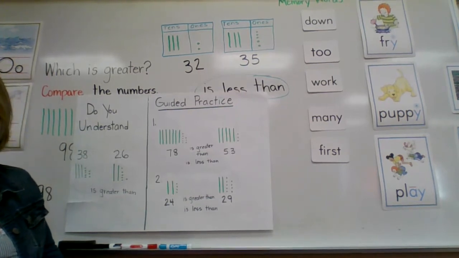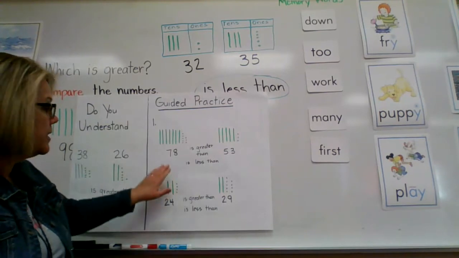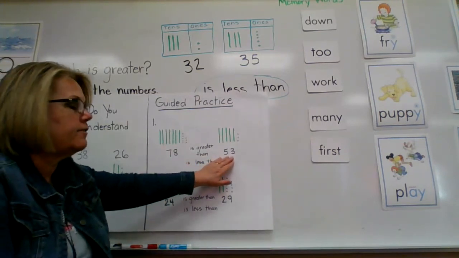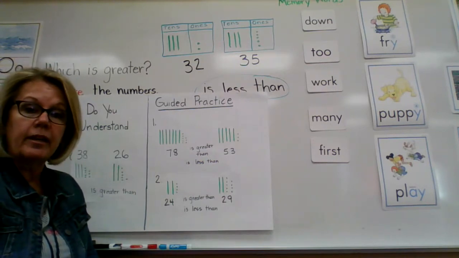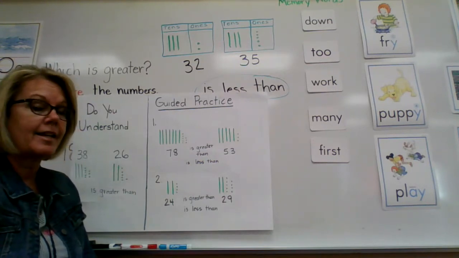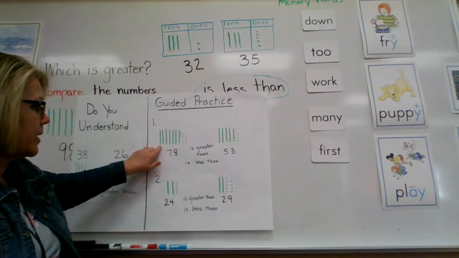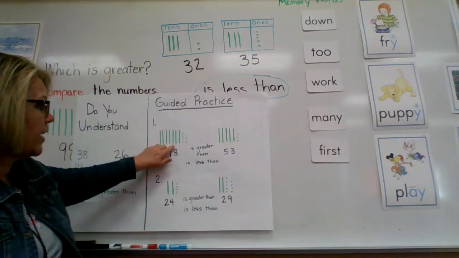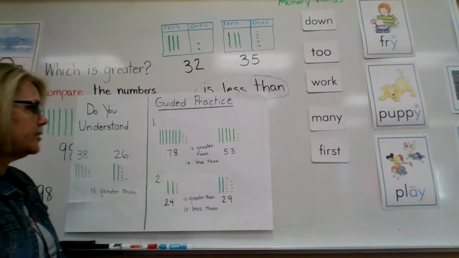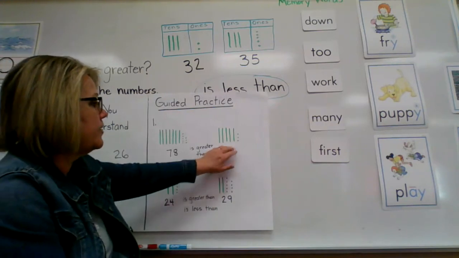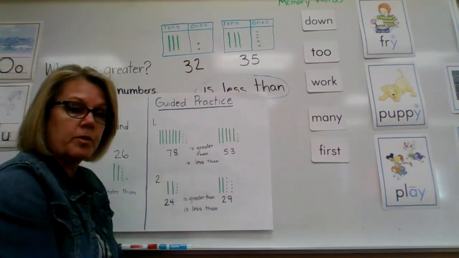In problem number 1, we want to compare the numbers 78 and 53. So remember, first begin by comparing the number that is in the tens place. Now here we have 78, and we have 7 groups of 10 in 78. And in the number 53, we have 5 groups of 10.